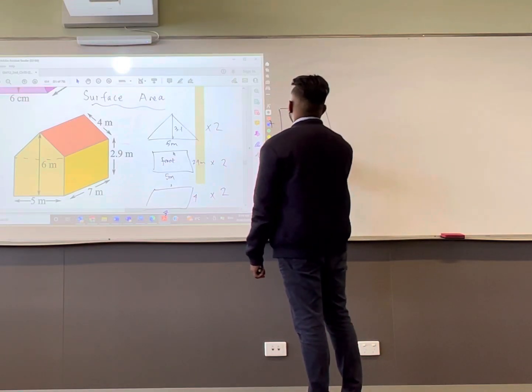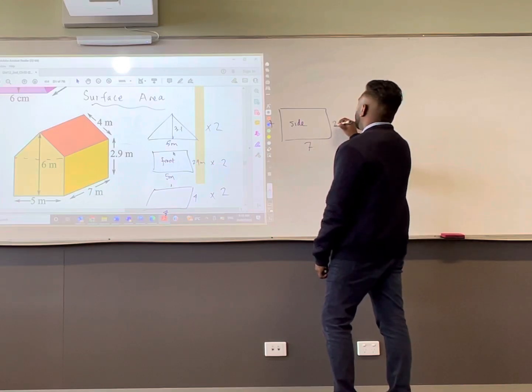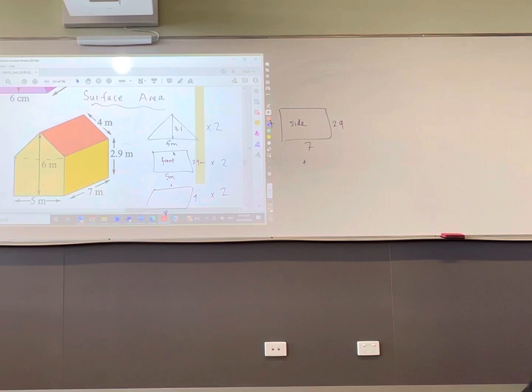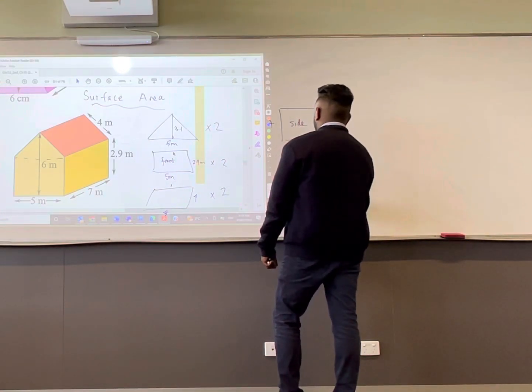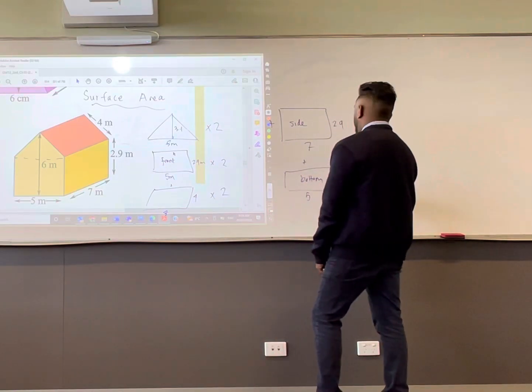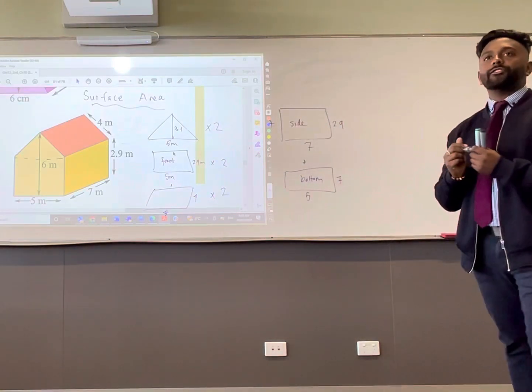So I'm going to call this the side of the house, which is 7 by 2.9. Then what else do we have to add here, Maham? The bottom, correct. I'm going to call that the bottom, and the dimensions there are 5 by 7. So that's the best way to approach that question.